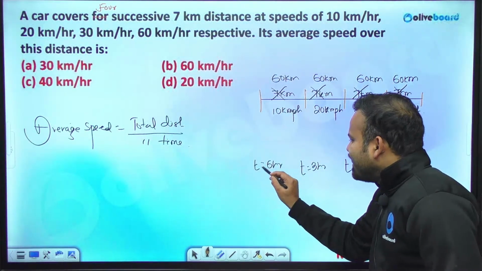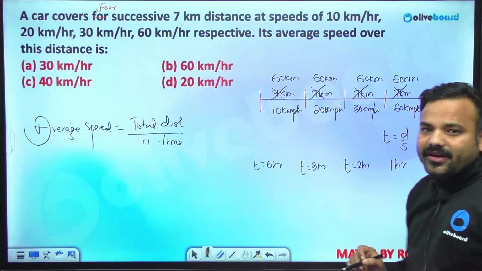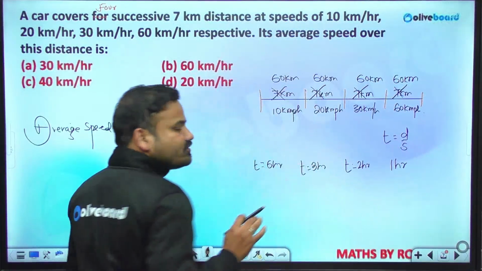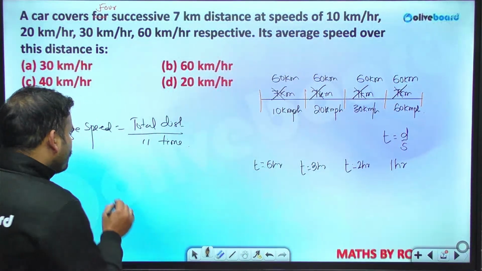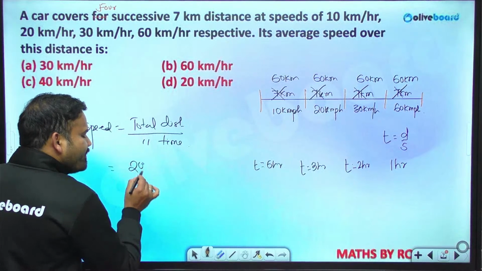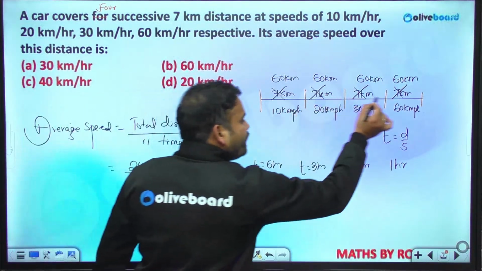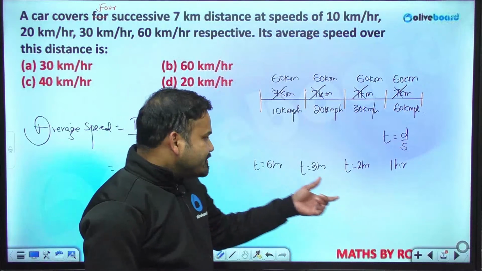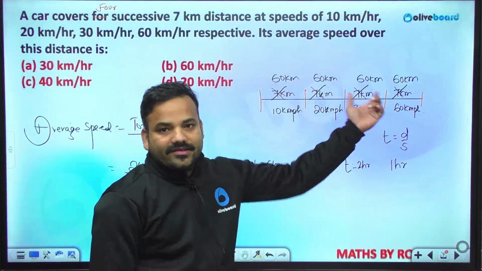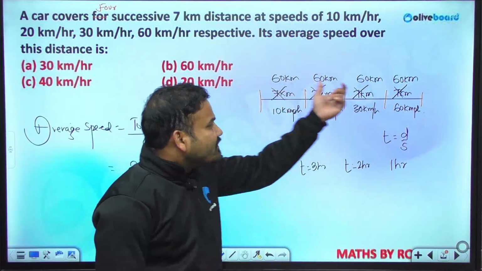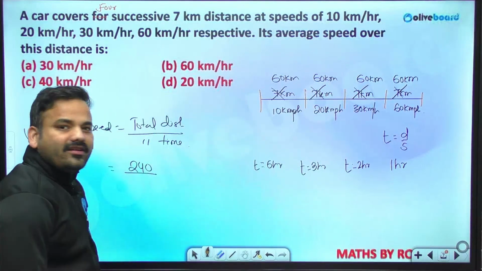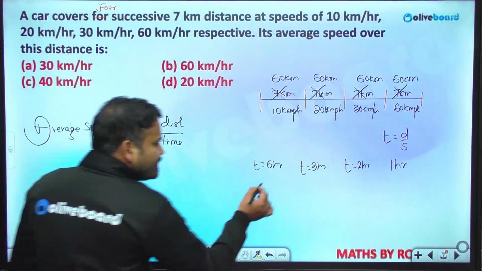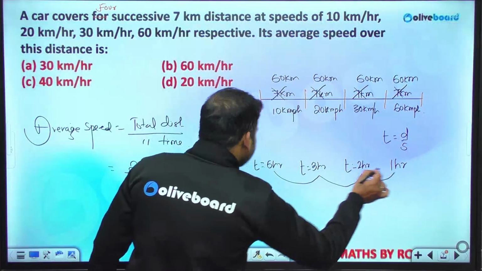So the entire length of the journey is 240 kilometers, and we have just calculated the durations also. So total distance is 240. Now I won't be considering the total distance as 28, because the time we have calculated is with reference to the 60 kilometer distance, right? So the entire length of the journey is 240 kilometers, and the total time is 6 plus 3 is 9 plus 2 is 11 plus 1 is 12.